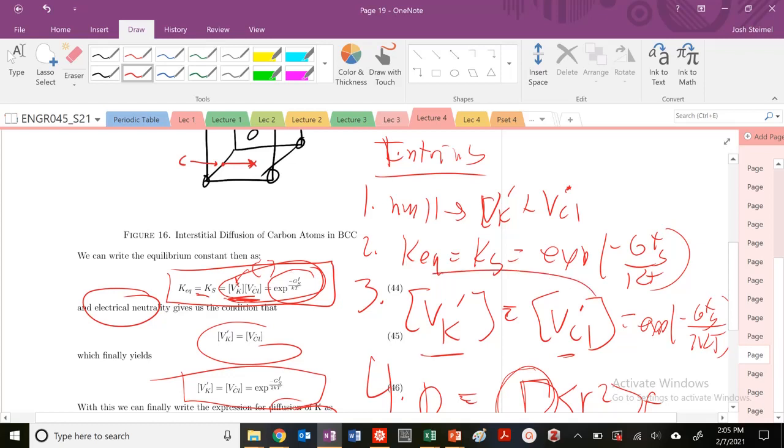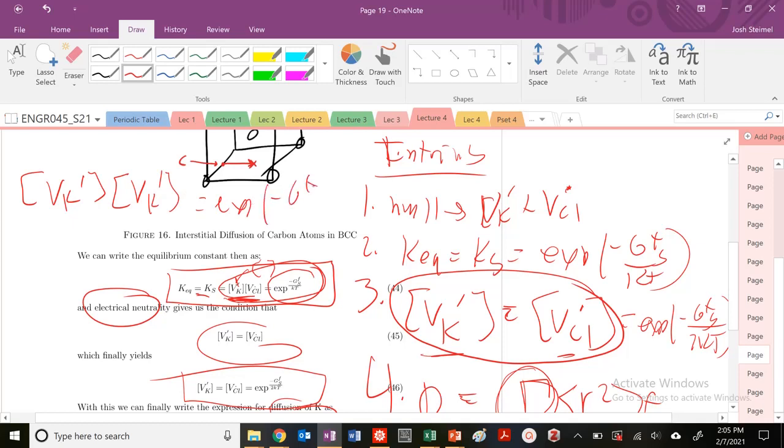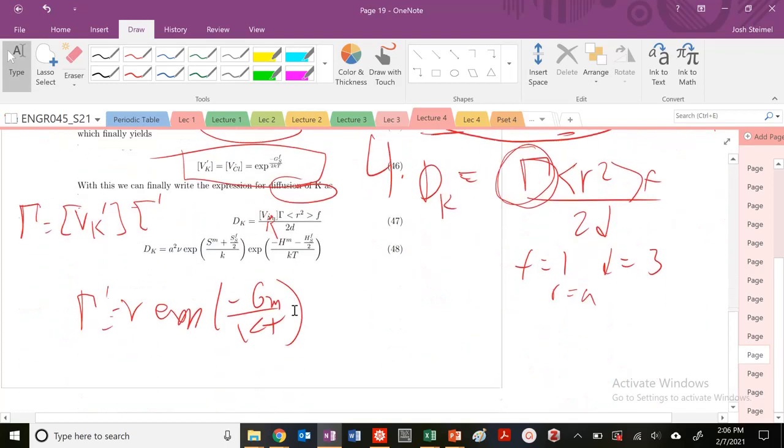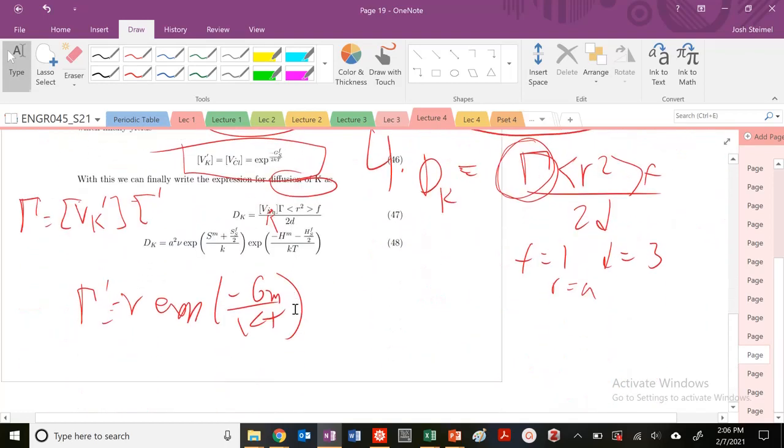Because if I know that this must be equal to this, then I know that Vk dot equals exponential minus g formation Schottky over kT. There we go. So now it's just math at this point. So Vk prime equals this exponential over 2. So you plug that into the expression, you add this, and you get this expression here.